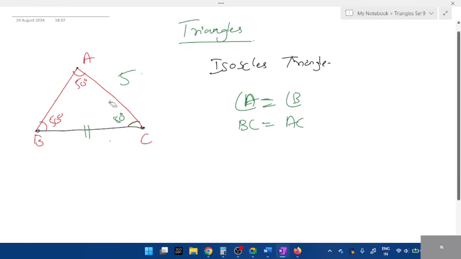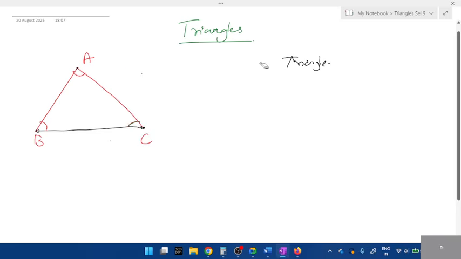Now we finished scalene triangle where all three angles were different. We did isosceles. Next step is equilateral triangle. What do you mean by equilateral? First you have to give preference to angles. All three angles are equal and all three sides are also equal.